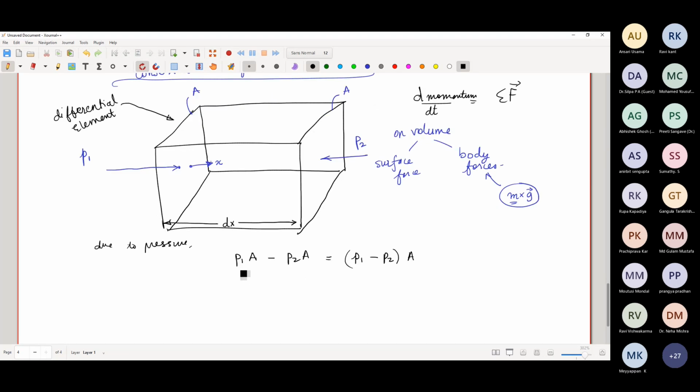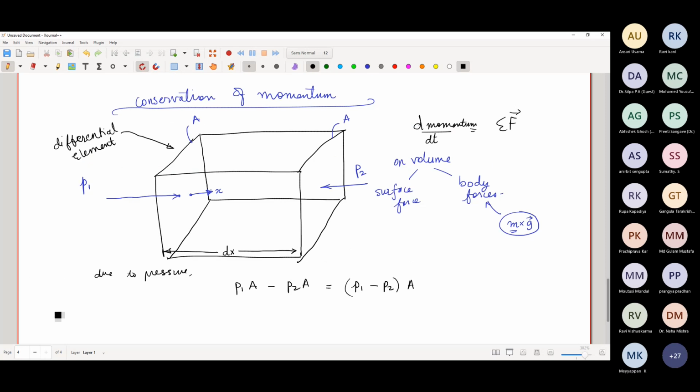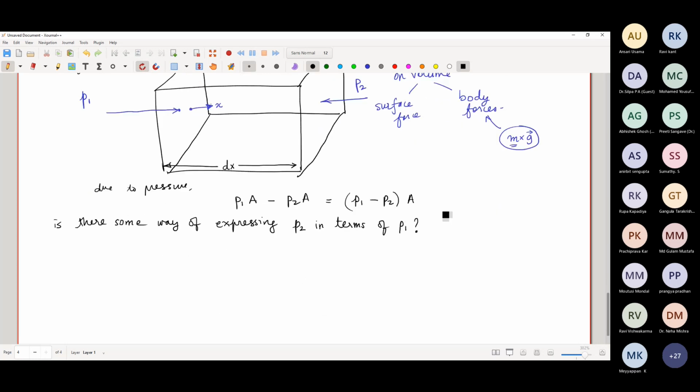Now the next question that we will pose is, is there some way of expressing P2 in terms of P1? Using Taylor series. Yes, that is the correct answer, and it is by means of Taylor series.